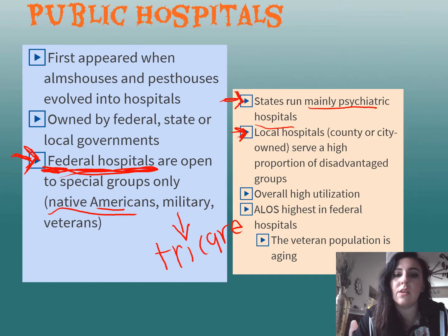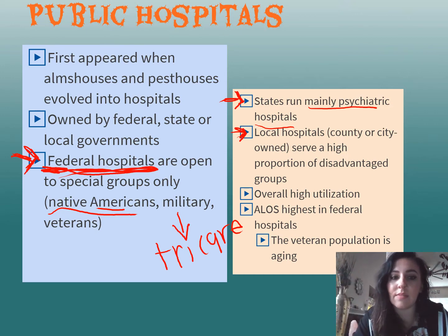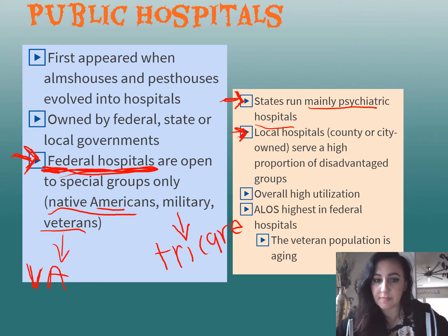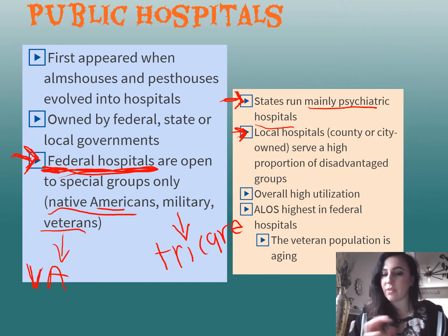So armed forces get TRICARE, and that's all federally owned and run hospitals. Same thing with veterans, they have the VA system, right? The VA. And then we have other special groups, small populations, where the federal government owns their hospitals, and it's regulated by the federal government and paid for and all that.